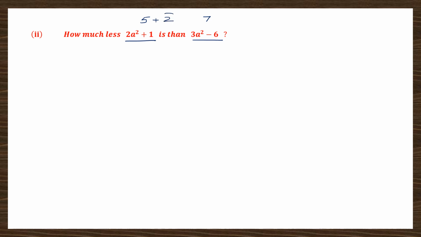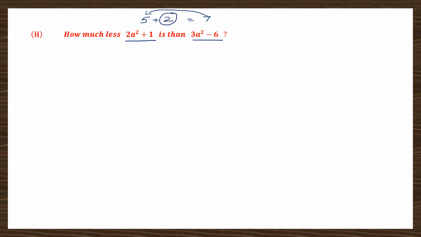So how did we get this 2? To get this 2, we have to subtract 7 minus 5. So 5 is less than 7 by 2. So we're going to subtract 7 minus 5 to get this. That means we have to subtract this, and this will come first.